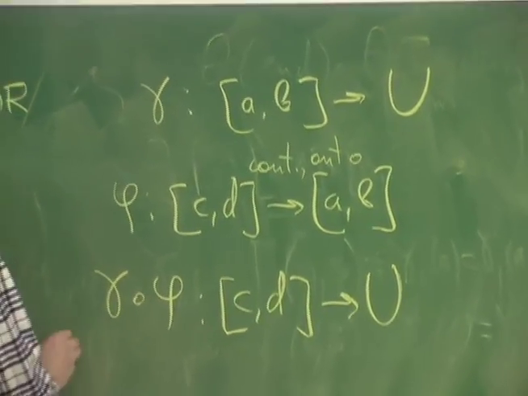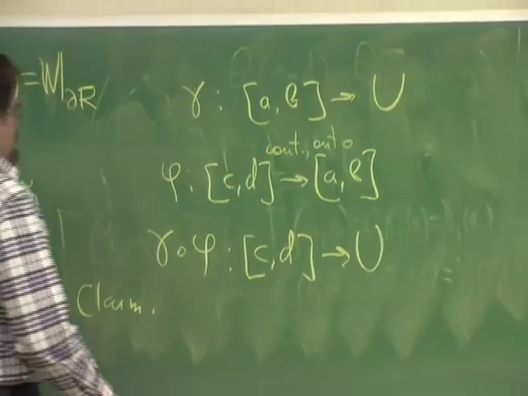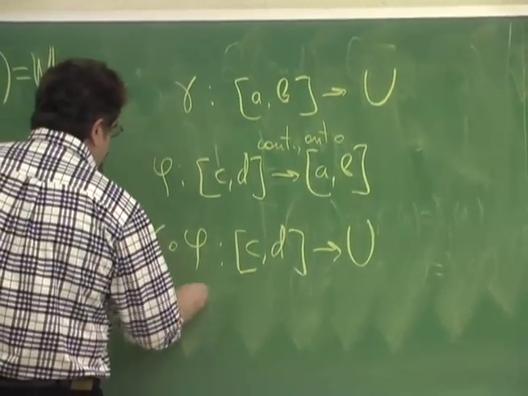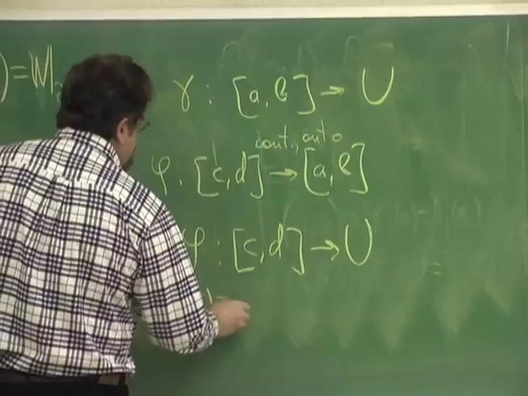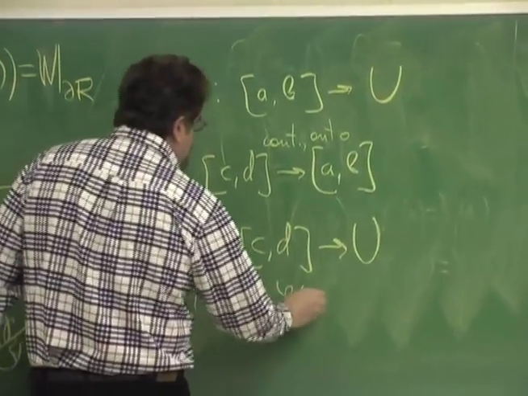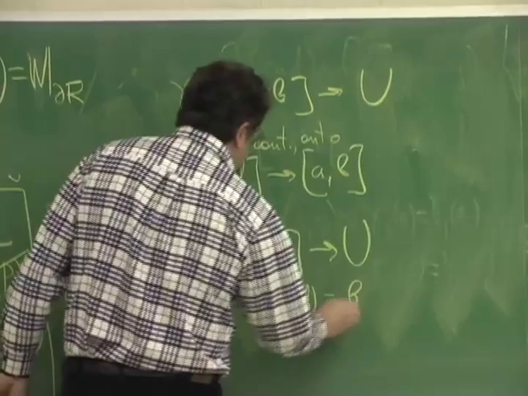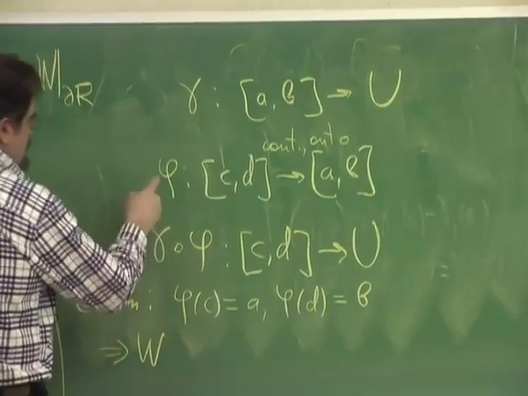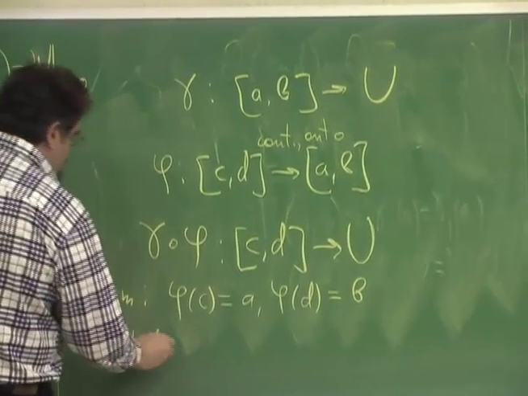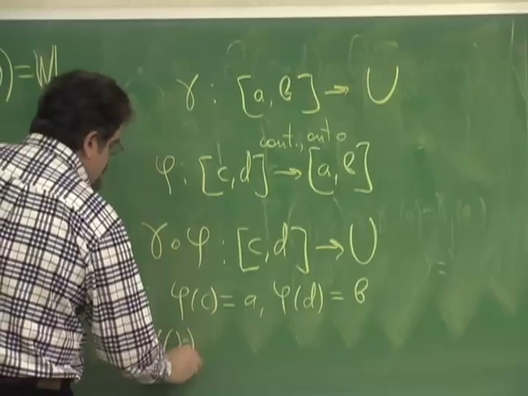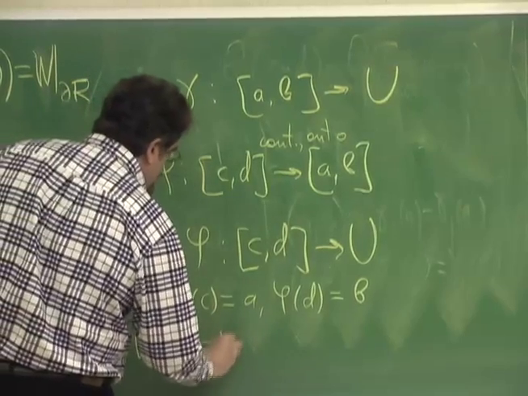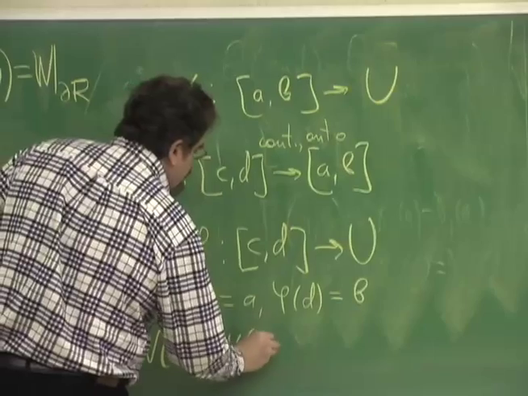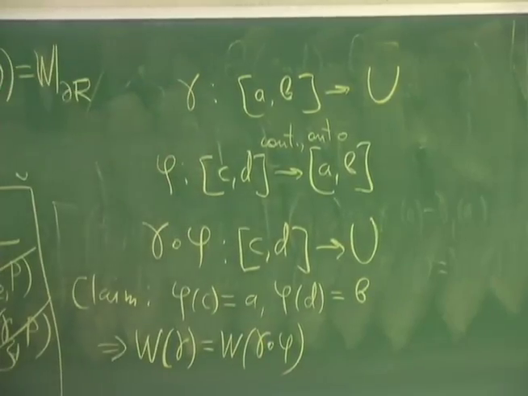Claim: if phi of C equals A and phi of D equals B, then the winding number of gamma is the same as the winding number of the reparametrized curve.